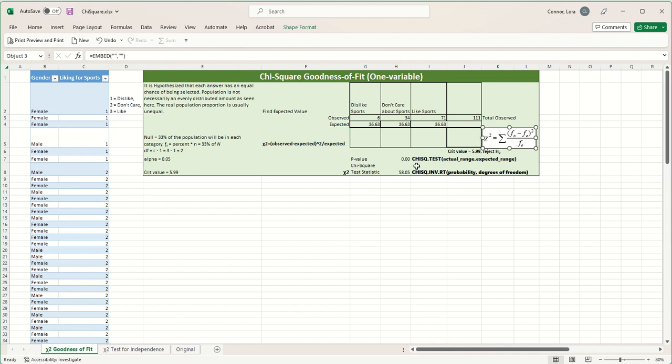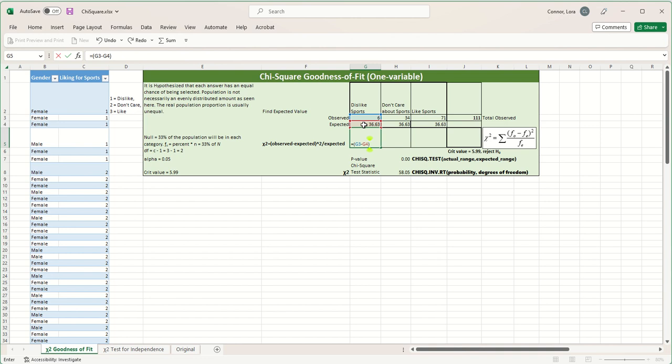Now we can perform the chi-square formula, and that's what you see here. The F stands for frequency, the O means observed, and the E means expected. So that's how you look at that. To perform that formula, we're going to do it by hand for each one of these. So equals, in parentheses, the observed minus the expected, close parentheses, and then a caret sign, which is above the number 6 on your keyboard.